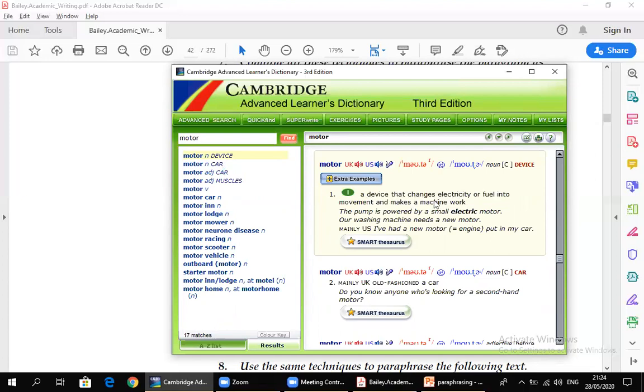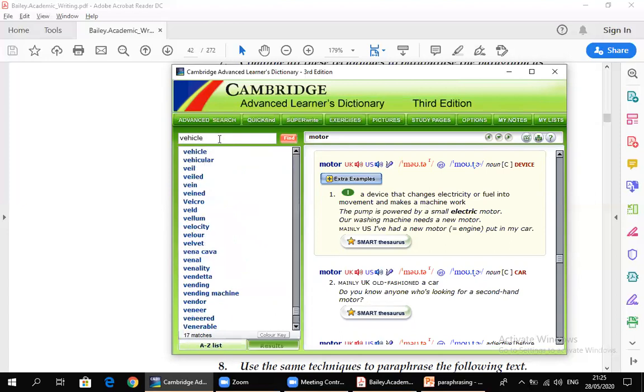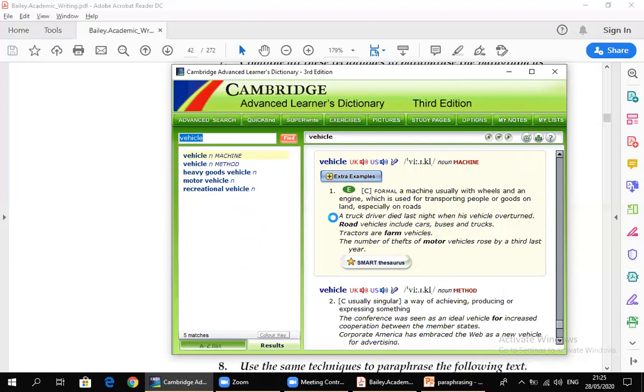If you see here, it says motor means a device that changes electricity or fuel into movement and makes a machine work. Yeah, this is one definition of the word motor, which can be used in many devices, like vehicles.